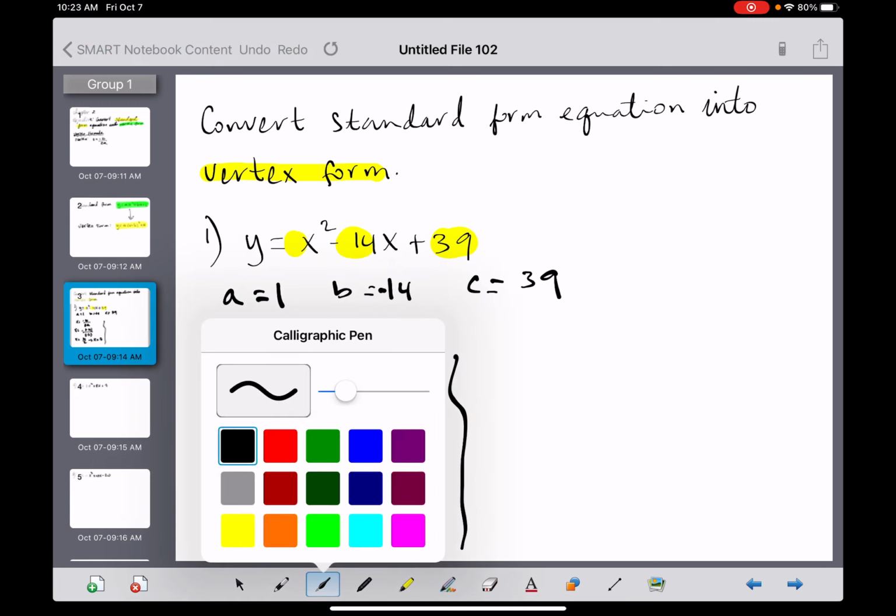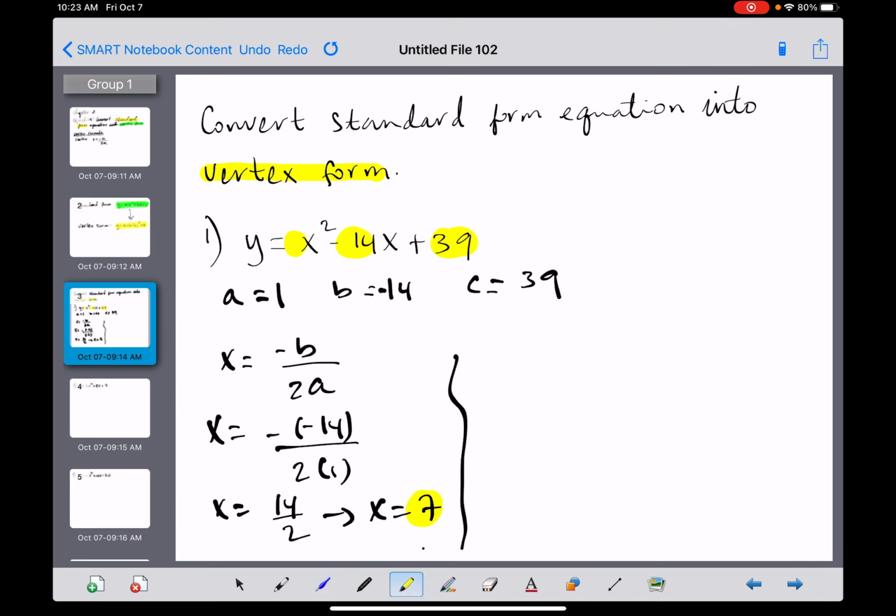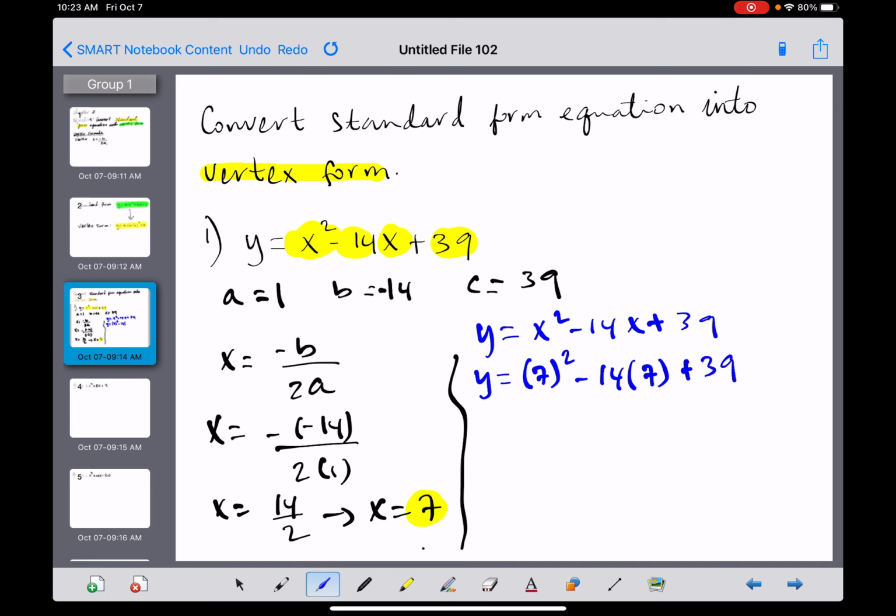To find the other half, I'm going to use this answer right here and plug into where the x is, okay? So y equals x squared minus 14x plus 39. So y is equal to 7 squared minus 14 times 7 plus 39.